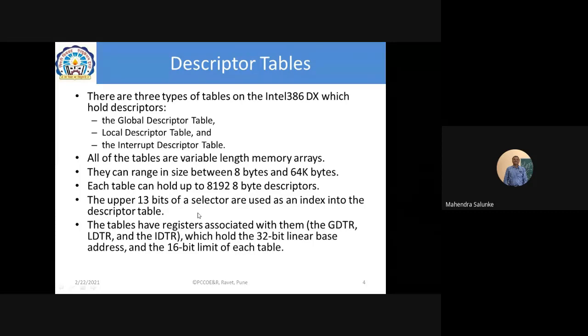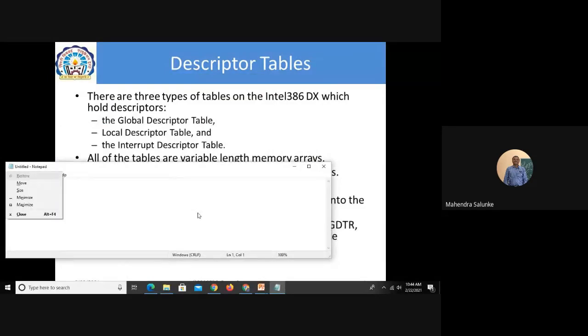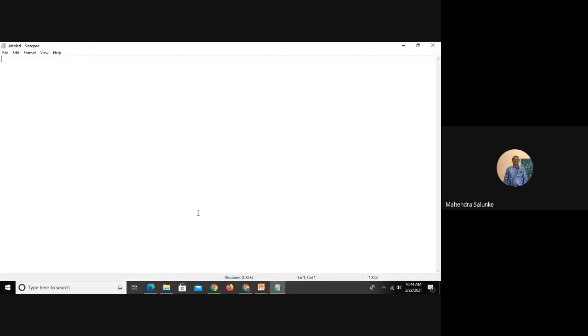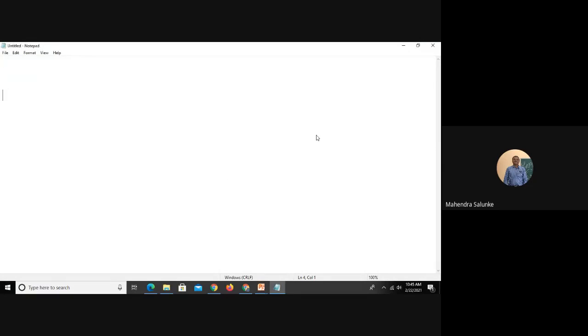I am doing it parallelly on Notepad. I am opening Notepad, and here I am writing one binary number: 0, 0, 0, 0, then 0, 0, 1, 1.